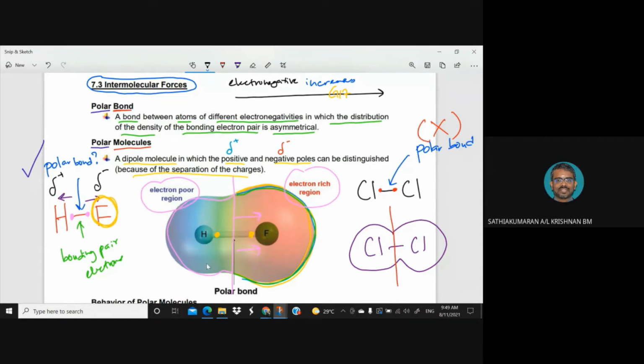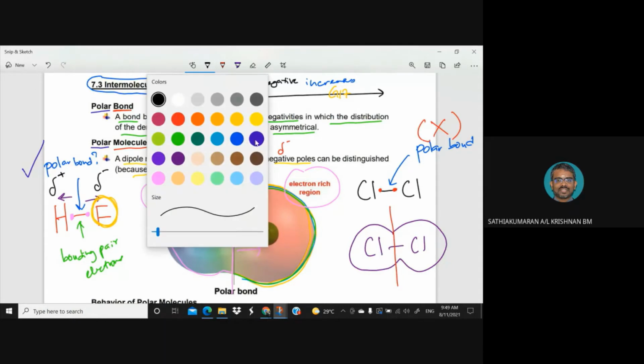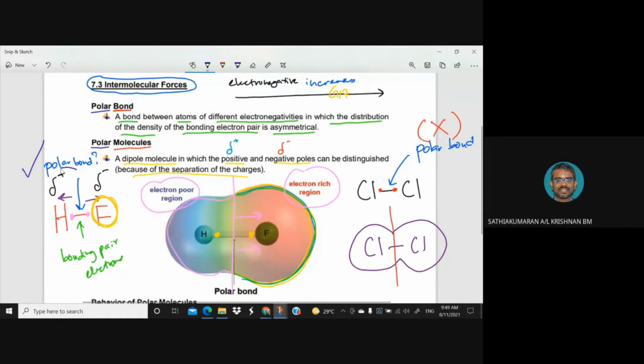Because less electron. So this molecule we call a polar molecule, because it has delta positive and delta negative.